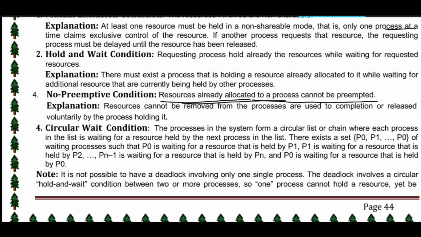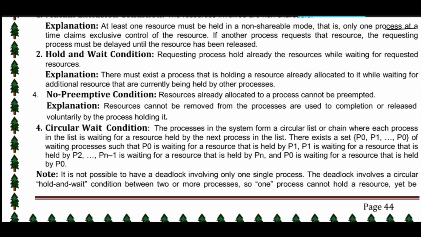Resources cannot be removed from the process; they are used to completion or released voluntarily by the process holding them. If the process wishes, it will release the resource willingly. After completion, we cannot force the resource out.